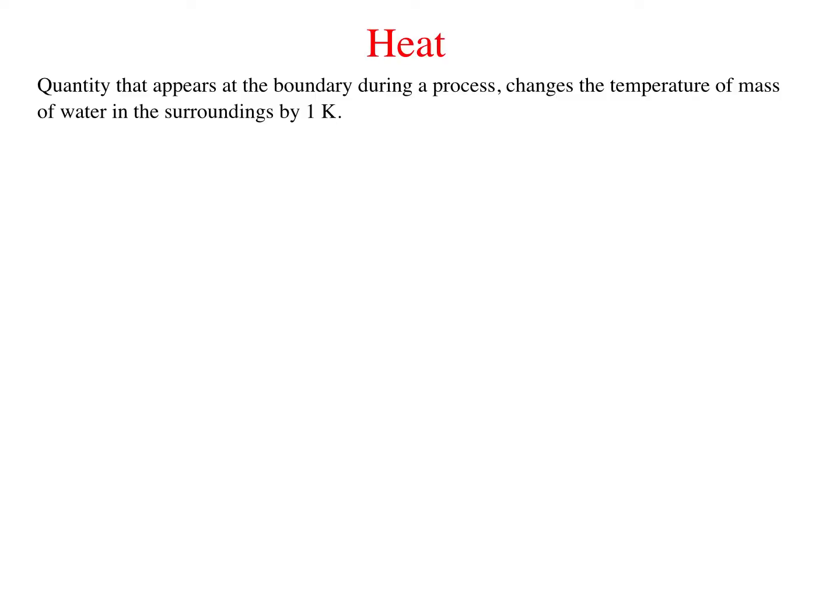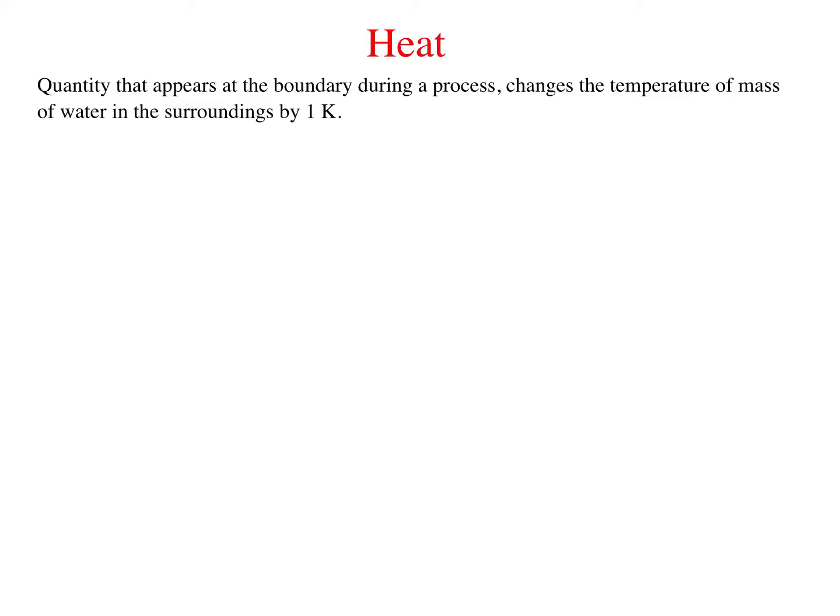And so we measured and reported and defined the temperature, and we defined surroundings, we defined the system. So now we're defining heat as a certain property of the system that appears at the boundary during a process, and then it raises the temperature of water in the surroundings by 1 Kelvin.